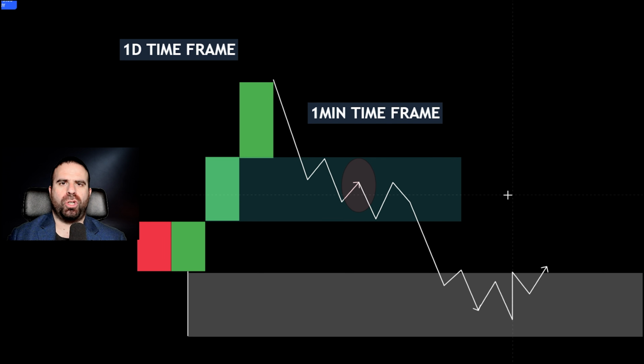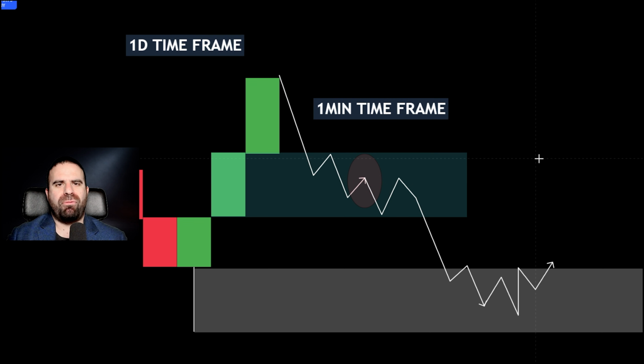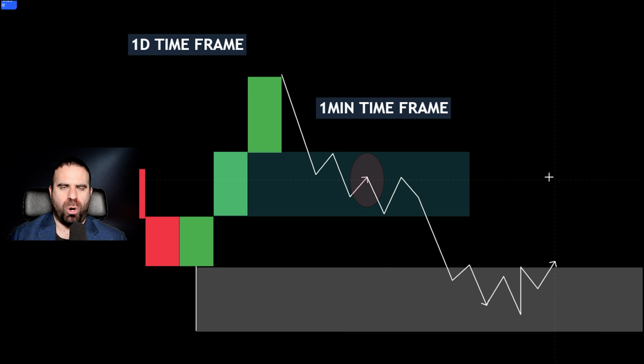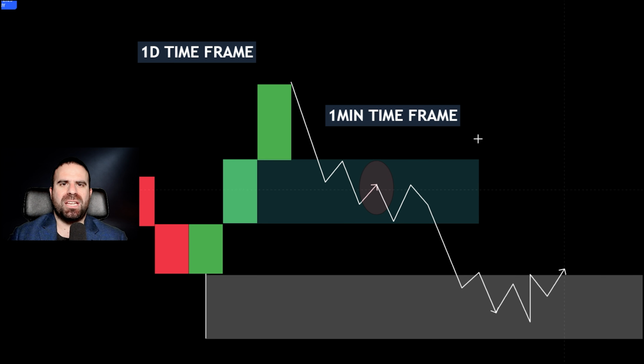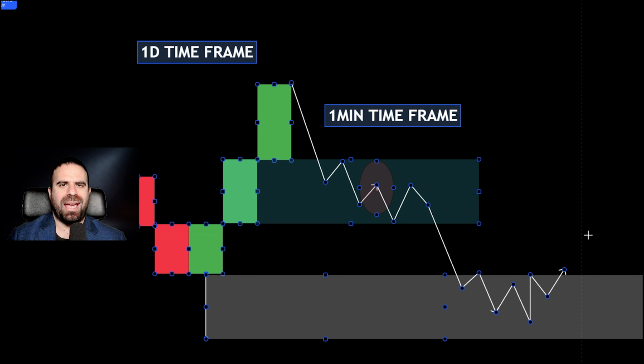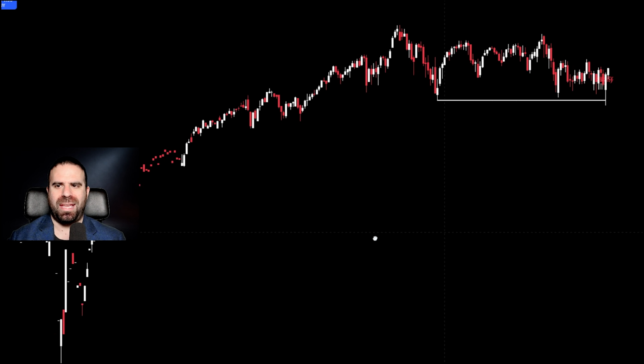But I will show you on the charts how this looks because I don't want to confuse you. The fair value gap of the 1-minute time frame is gonna play a major role here. We will have a very specific take profit and a very specific stop loss that we will be implementing.